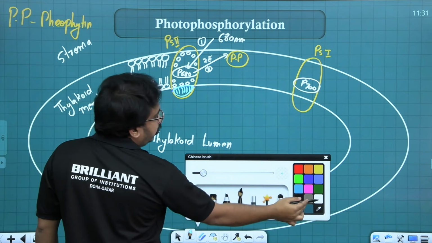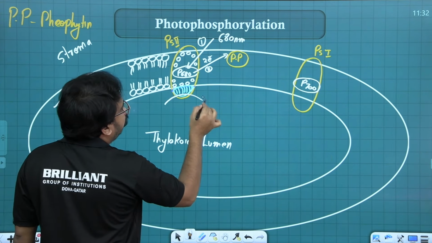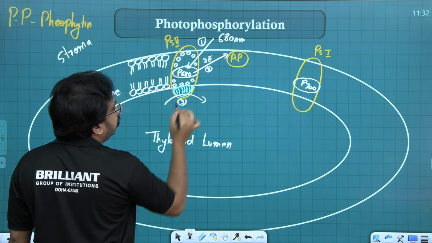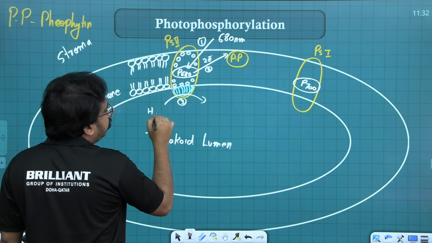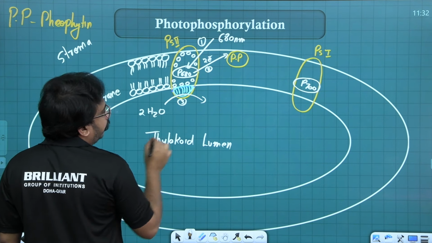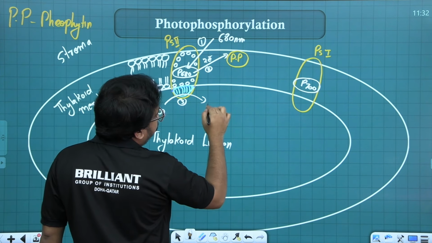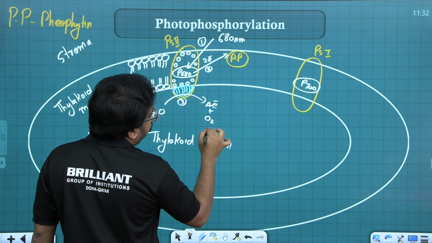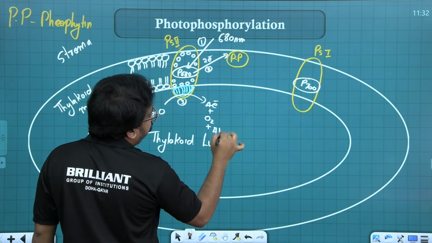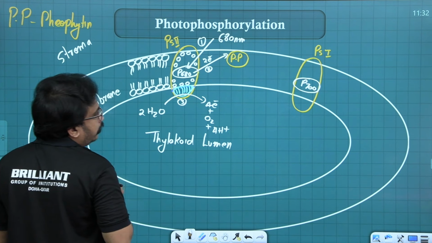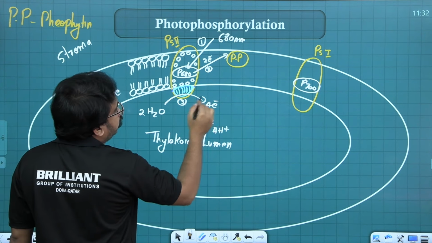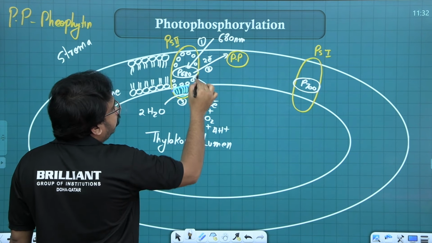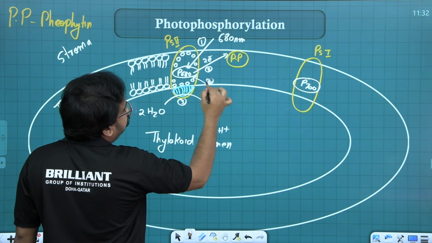The water splitting complex performs photolysis of water. This is the third step, where you can see there is photolysis of water. Photolysis of water releases electrons, oxygen and H+. From these 4 electrons, 2 will be replaced here. This is the fourth step.